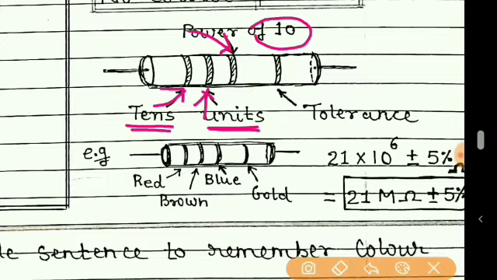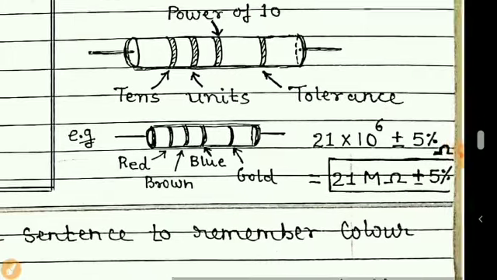And so from that we get the value of this resistor, and this last band is made up of either gold, silver, or sometimes it is not present, means no color is there, and it gives the tolerance. So now let us consider this example.